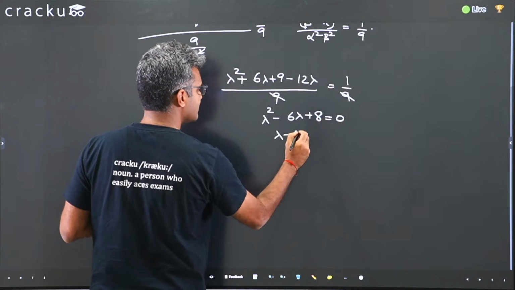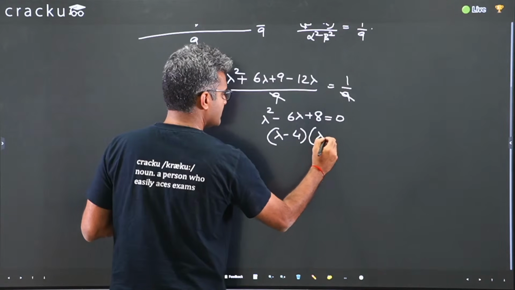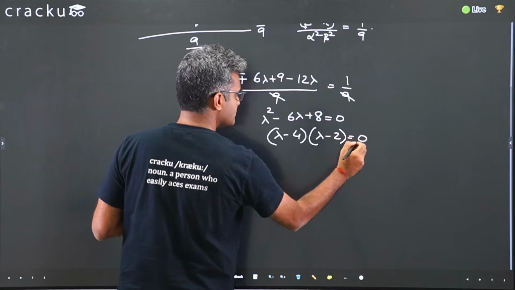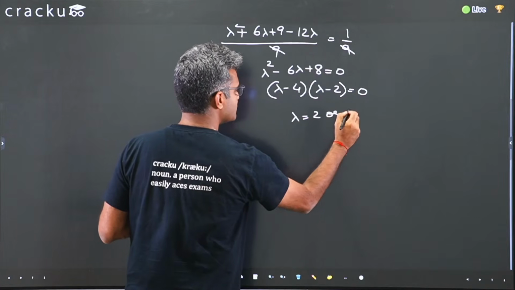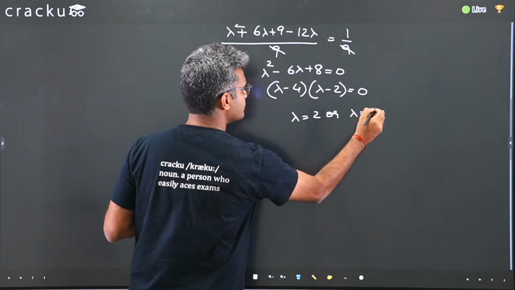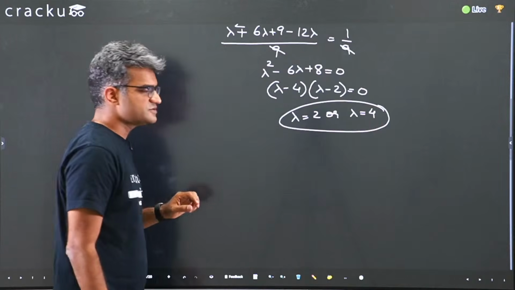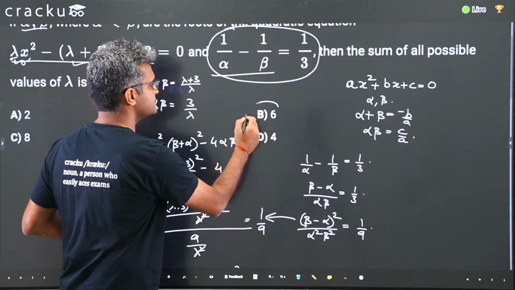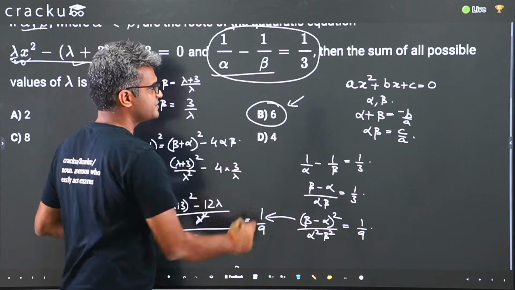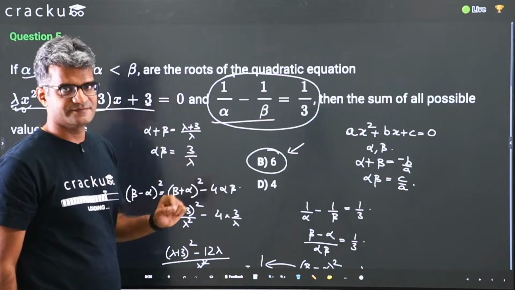This is (lambda minus 4) into (lambda minus 2) is equal to 0. So the values that lambda can take are either lambda is equal to 2 or lambda is equal to 4, and the sum of those two values is equal to 6. So the answer for this particular question is 6.